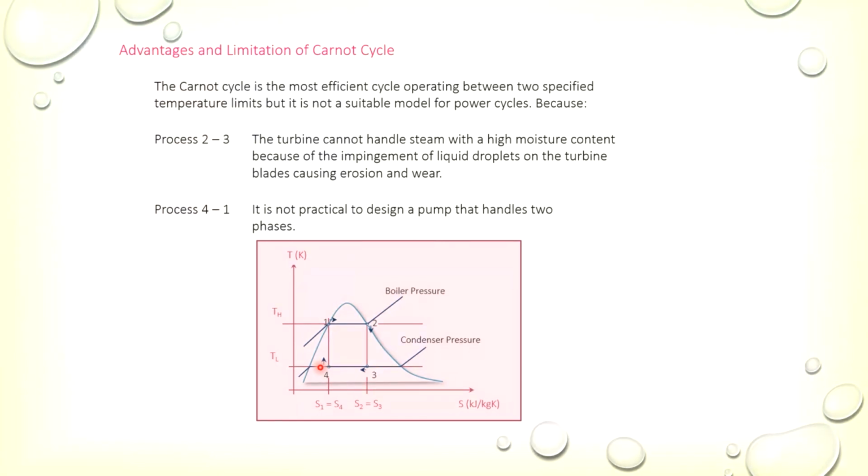What happens if the pump is handling two phases? The pump will burn out very fast. So these are the limitations of the Carnot cycle, which make it not possible to be a power cycle.